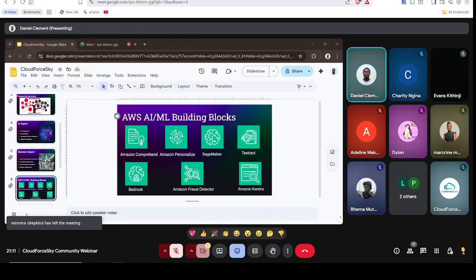Okay. So when you talk about Bedrock, Bedrock basically gives you foundational models, like Anthropic, Meta and OpenAI services or ChatGPT. And one thing about Bedrock is that it's fully managed.